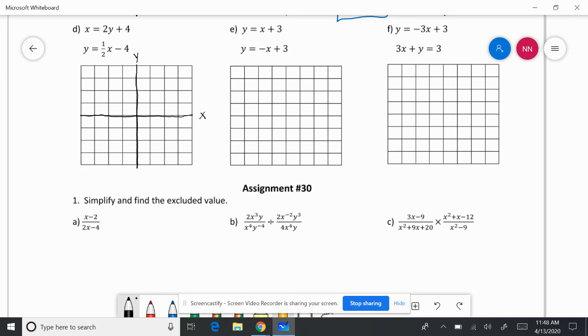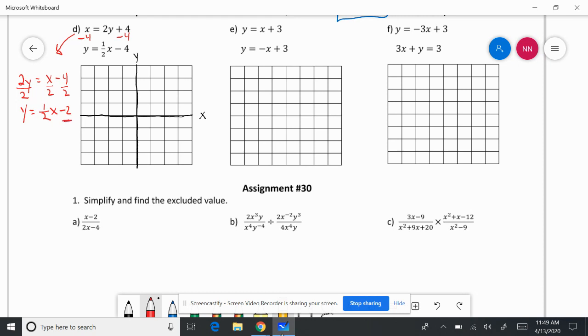So I'm going to subtract the 4. And I get 2Y equals X minus 4. Then I divide it by 2. And I get Y equals 1/2 X minus 2.